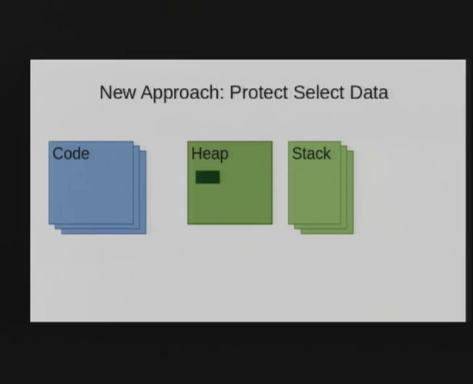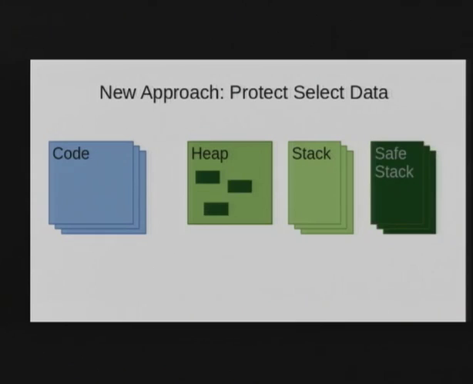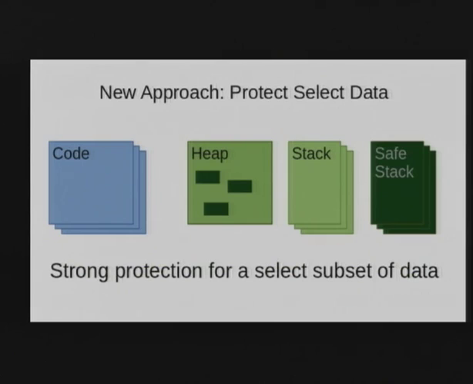All the code pointers that are actually used in the heap or on the stack, by pushing stuff on a safe copy of the stack, thereby enforcing the integrity of the data, but only a subset of the data that we are actually interested in. So we offer a strong protection for a select and well-defined subset of data, instead of offering full protection for all the data that is out there.